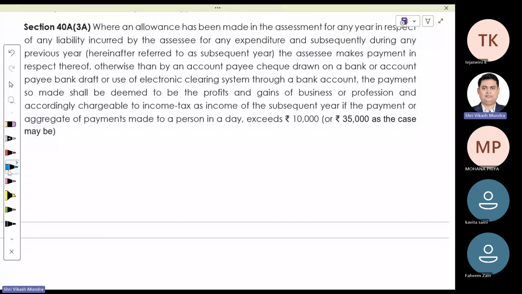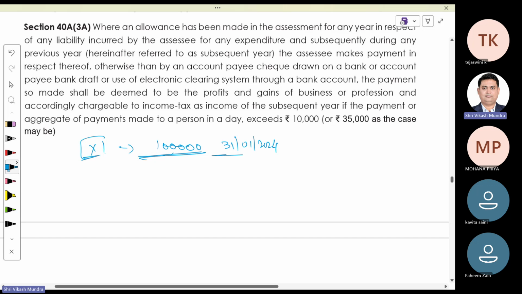For example, I bought certain goods from micro or small enterprises. Say X is a micro and small enterprise. I bought goods worth rupees 1 lakh from him in the previous year, say as on 31st January 2024.